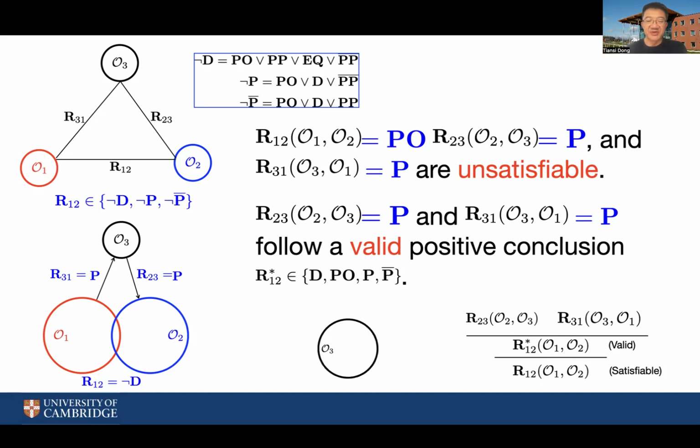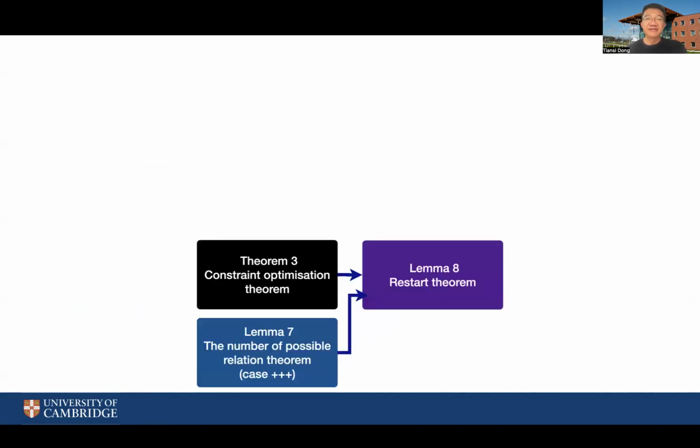For example, starting from O3, creating O1 inside O3, and O2 containing O3, the valid relation is that O1 is part of O2, which certainly follows the satisfiable relation that O1 is not disconnected from O2. So this means we only need to restart once.